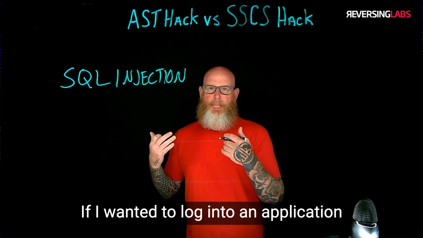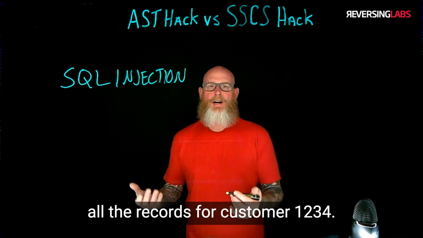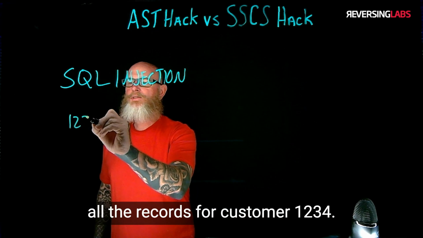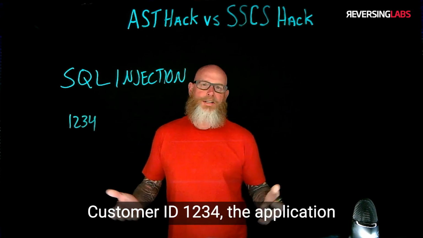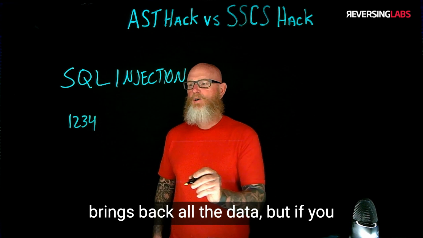If I wanted to log into an application and I wanted to say, hey, give me all the records for customer 1234, Customer ID 1234, the application basically works, calls the database, brings back all the data.